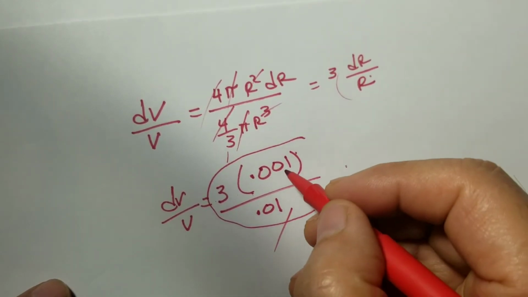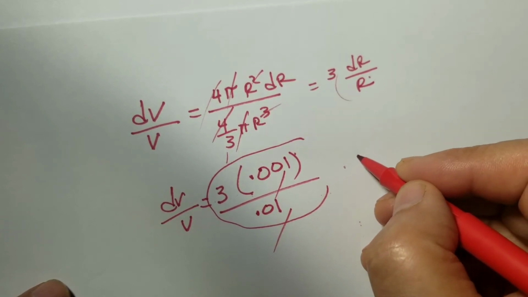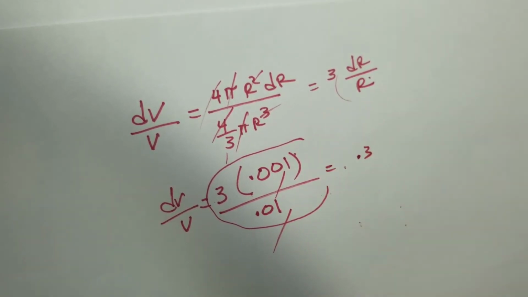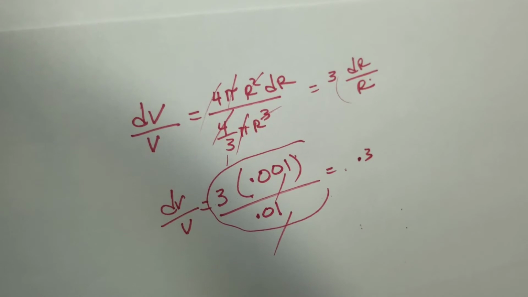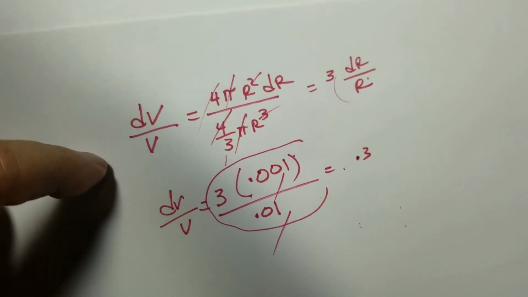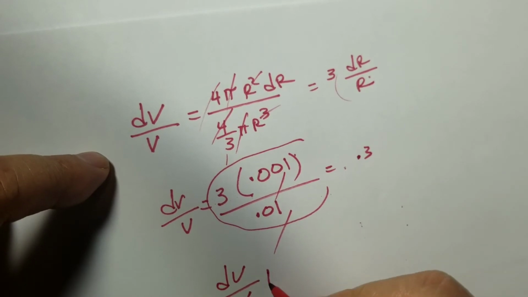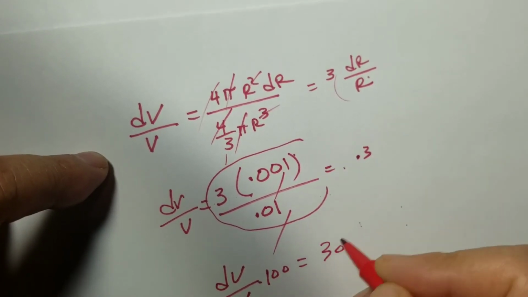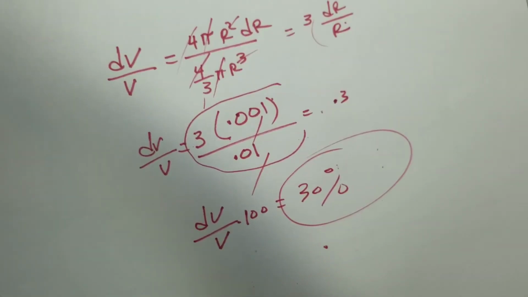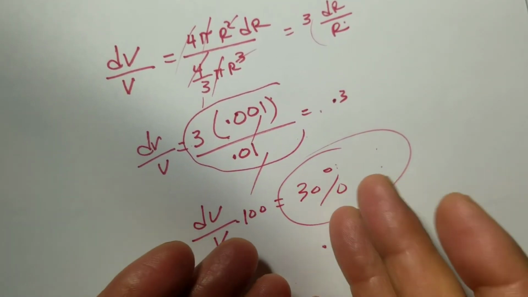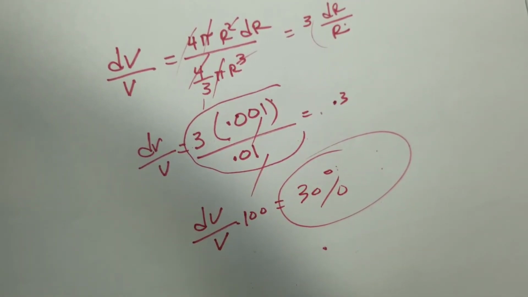You go 2 decimal here, 2 decimal here, and that becomes 0.3. But somebody said, what is the percentage? The percentage of relative change, you multiply by 100, and that becomes 30%. Therefore, the mistake you make, pretty much it changes the volume by 30%.